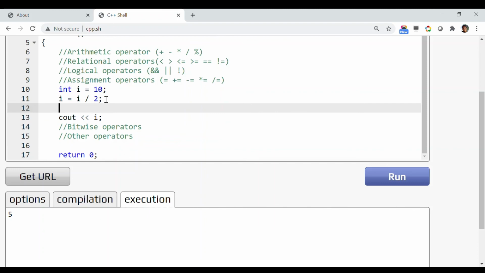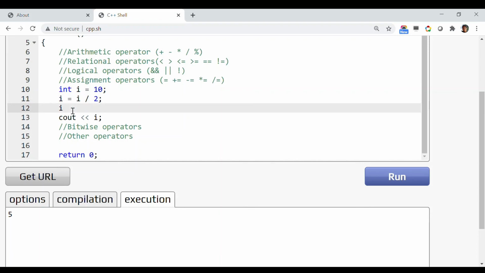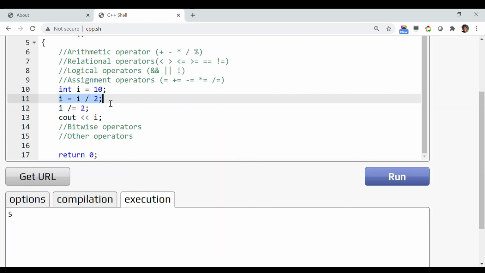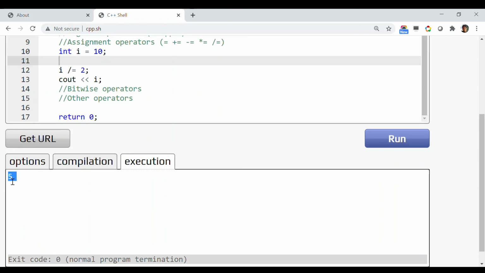And once again, using this shorthand notation, instead of writing I equals I divided by 2, I can directly write I divided by equals 2. And if I do this, I will see the impact is the same, like this.